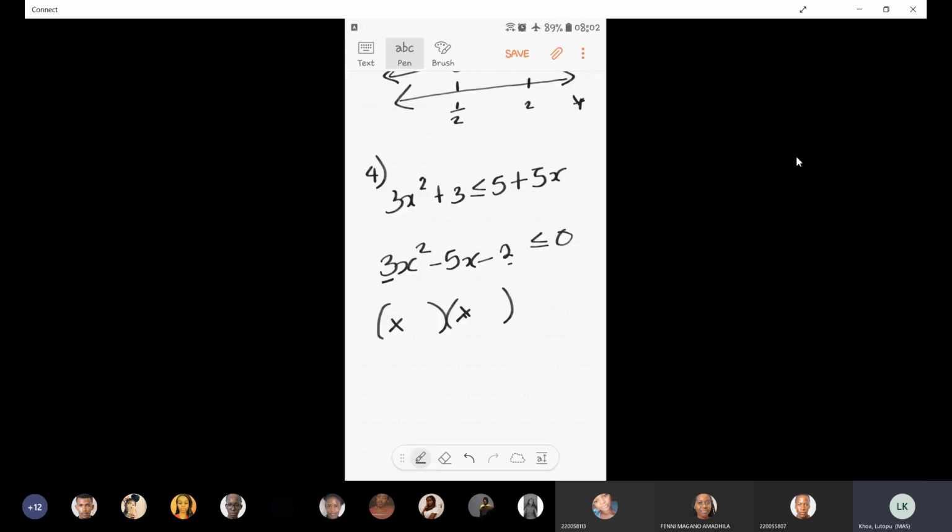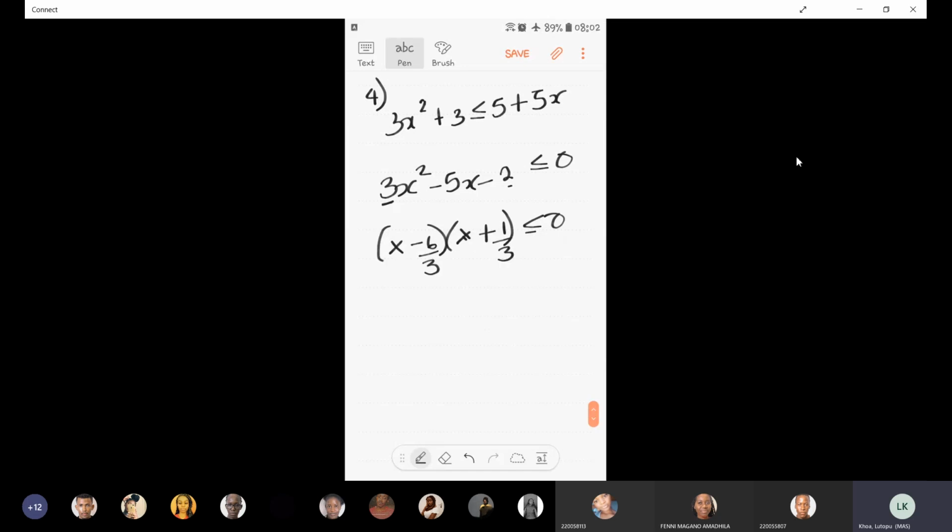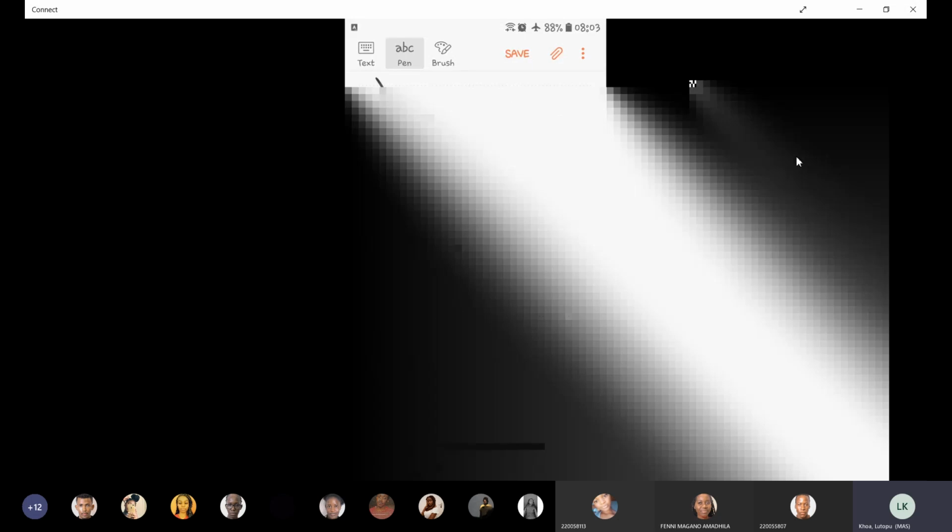So those two numbers, negative 6 and positive 1, then you divide by the coefficient of x squared. This is less than or equal to 0. Then simplify as far as possible. This is x minus 2 and then we have 3x plus 1, less than or equal to 0.